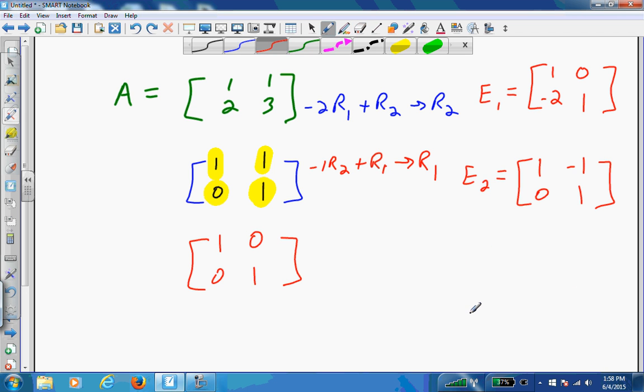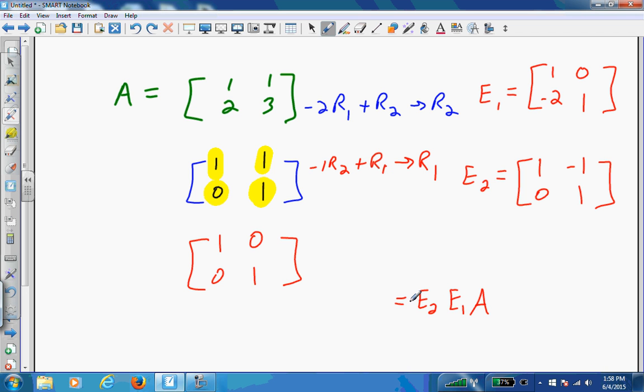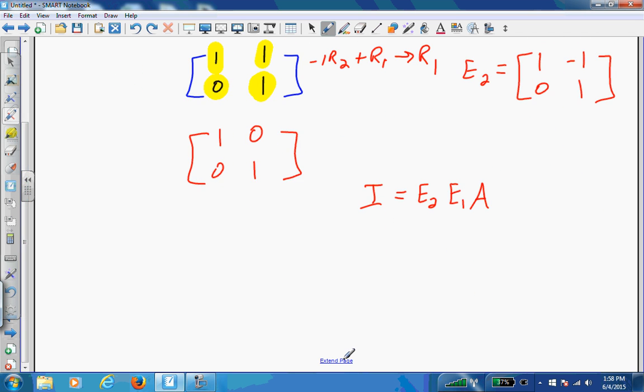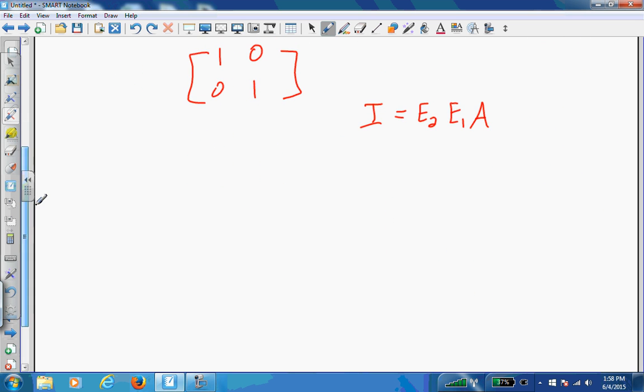So we started with A, we performed a row operation, so we did this to it, then we did that to it, and after doing those two operations, we ended up with the identity matrix. So a couple things.